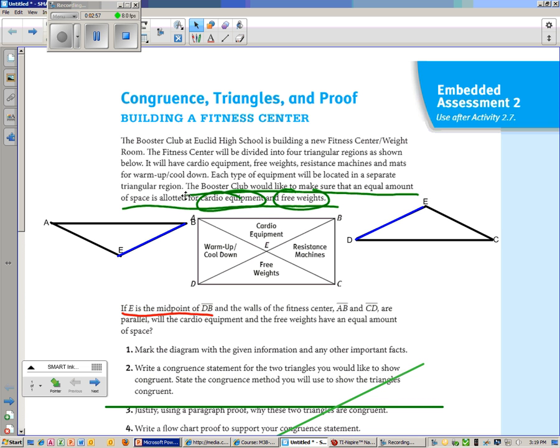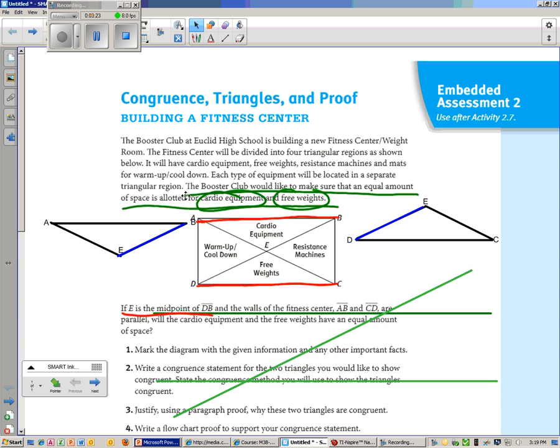And if you didn't take good notes, go get them off of eChalk and look at those examples. But it's telling you that AB, this line right here, is parallel to DC. Now, just because it says it's parallel doesn't mean that those two segments are congruent. All you know is that they're parallel. Okay?